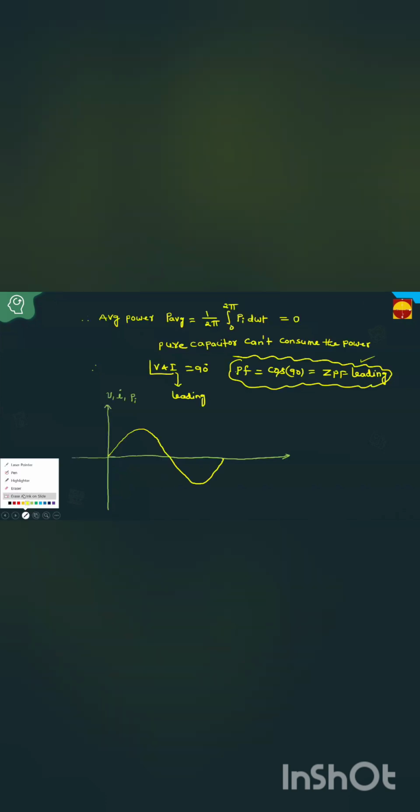But current is leading. Current leads the voltage by an angle of 90 degrees. This is the current curve.